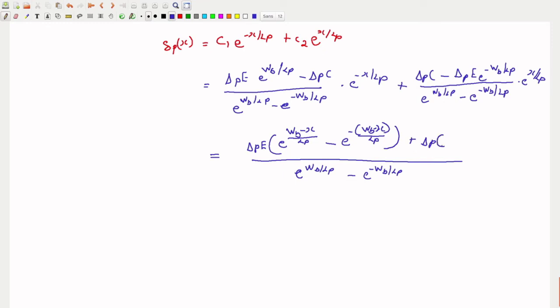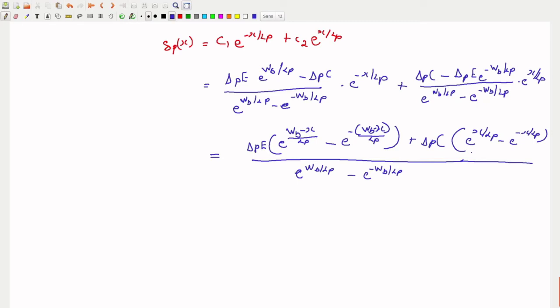By grouping terms of delta PC, we will have e raised to x by LP minus e raised to minus x by LP.